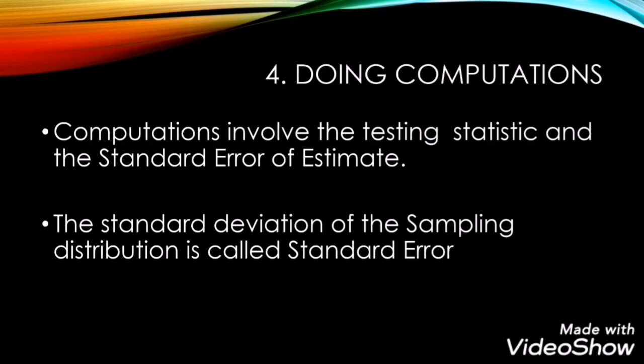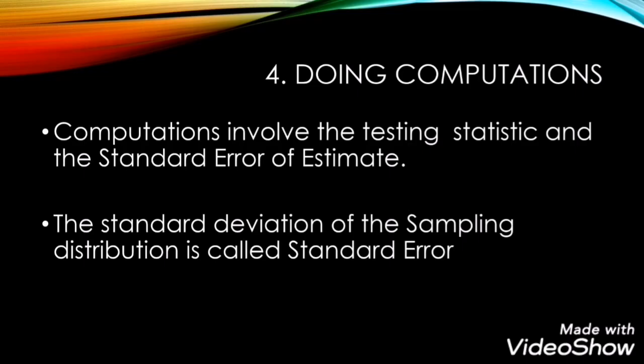So the standard error for this test statistic is the computation of the standard deviation. So standard deviation here is equal to square root of sigma (x1 minus x1 bar) the whole square plus sigma (x2 minus x2 bar) the whole square, the whole thing divided by n1 plus n2 minus 2. So this is all about the computation.